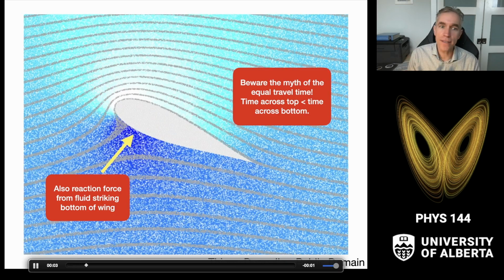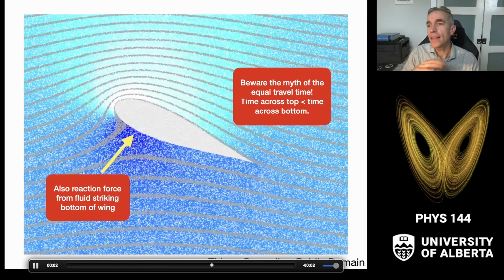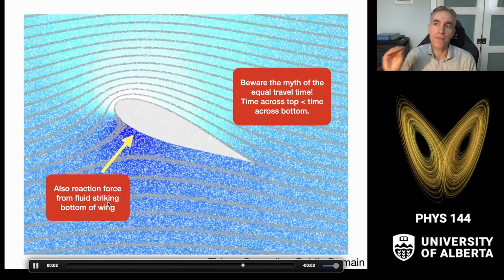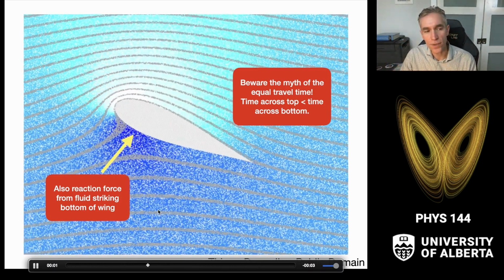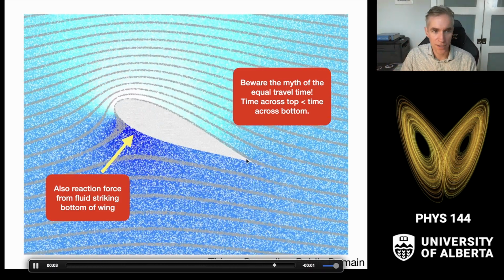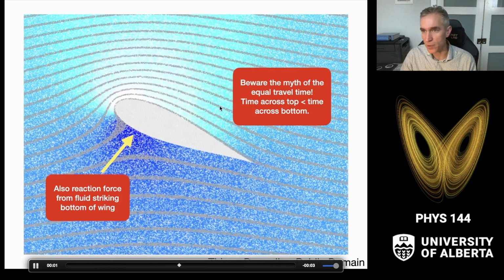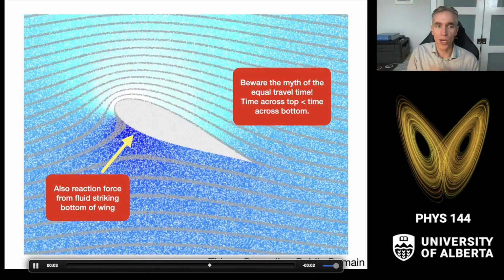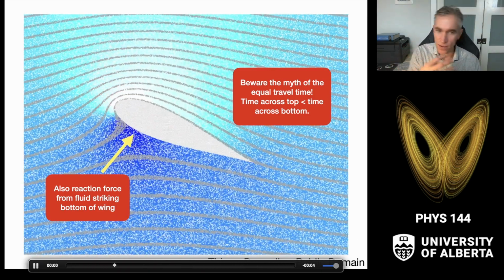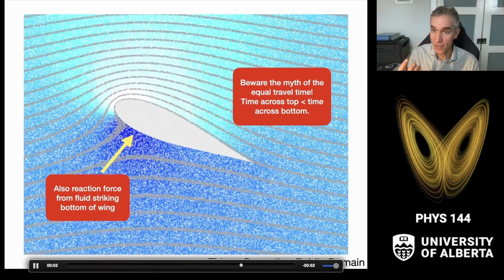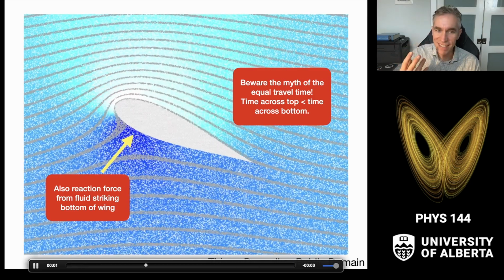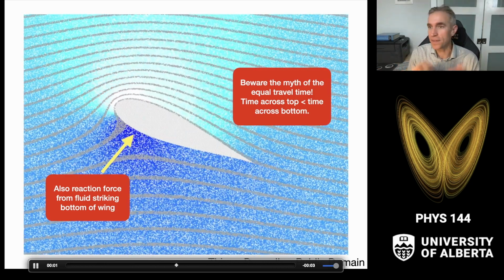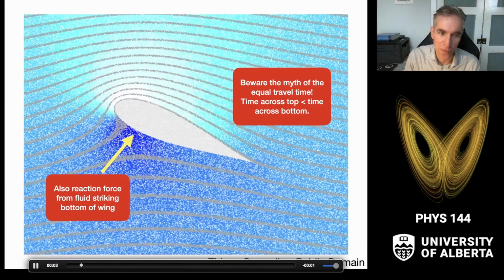If you look at the wings of supersonic capable aircraft, they actually have to rely more on this reaction force and change the shape of the airfoil relative to this nice lift model from the Bernoulli equation. So it gives us a bit of how things go as we change different regimes and how the Bernoulli equation breaks down. But it does give us some mechanism for thinking about this in the context of the physics that we learn here in Phys 144.